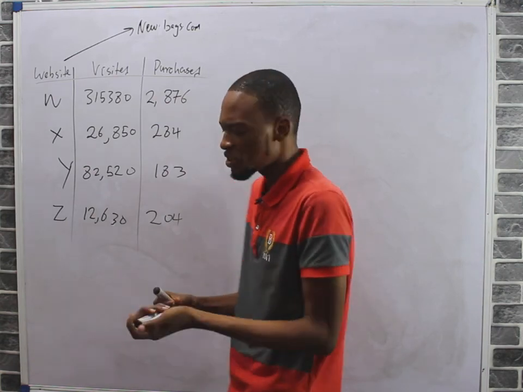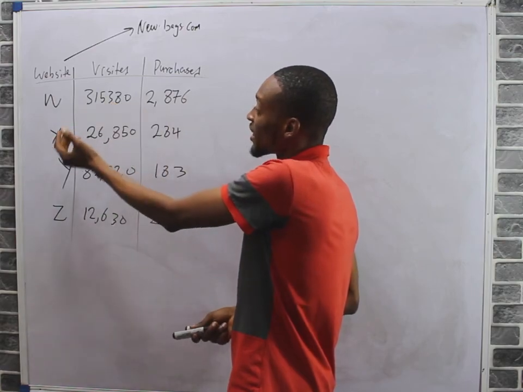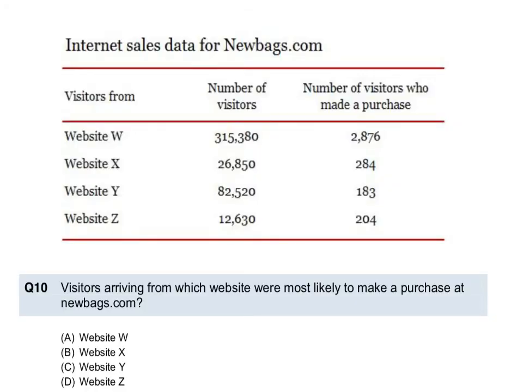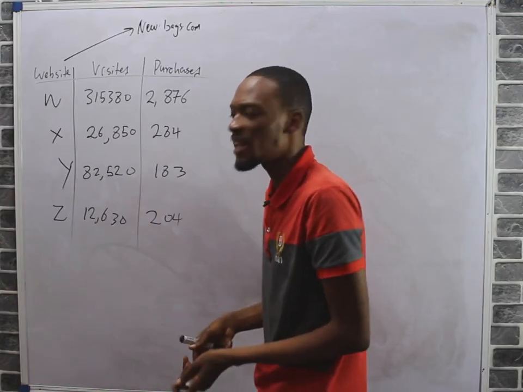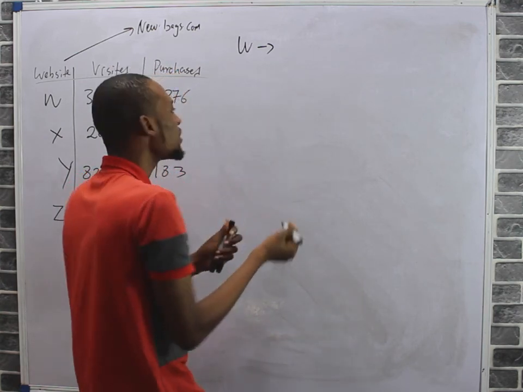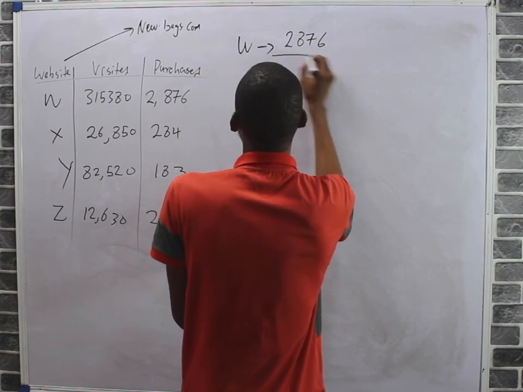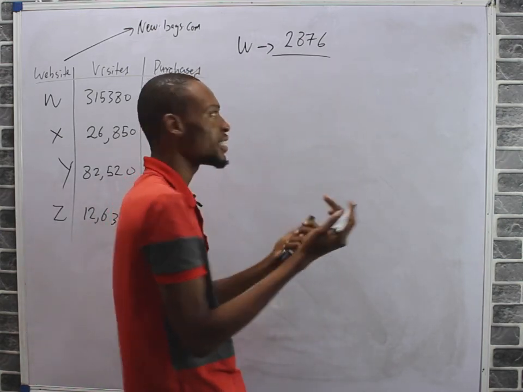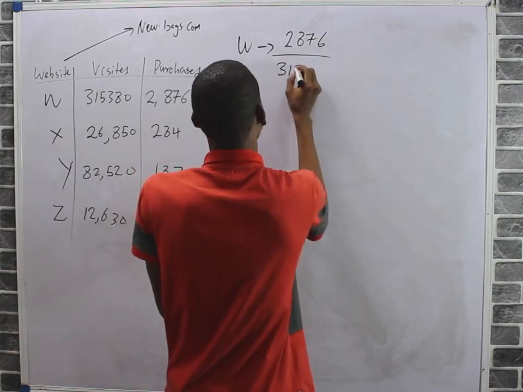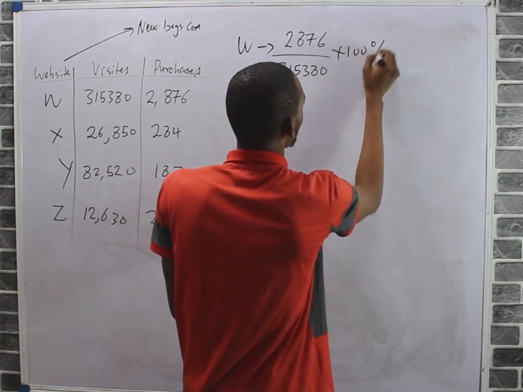To do this, we simply calculate the percentage of visitors that came from W that bought, the percentage of those visiting from website S that bought. To do that, for W, the percentage of those buying is simply those who bought, 2876, over everybody who visited, 315380, times 100%.